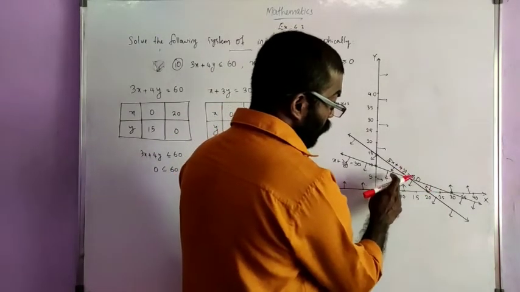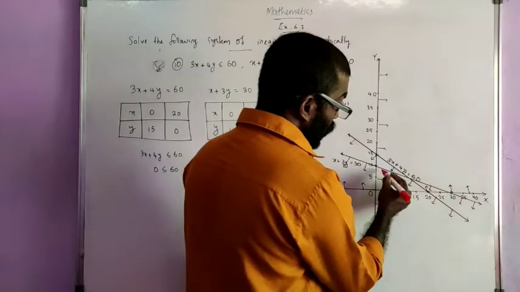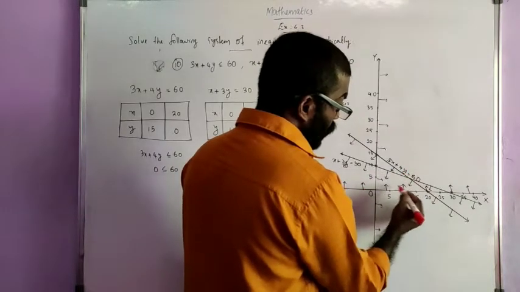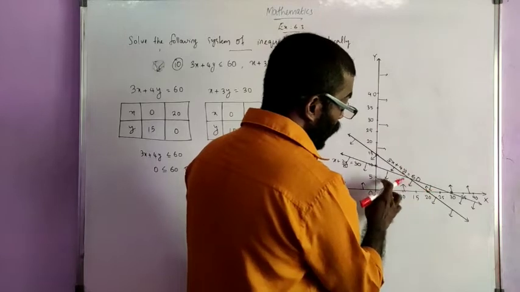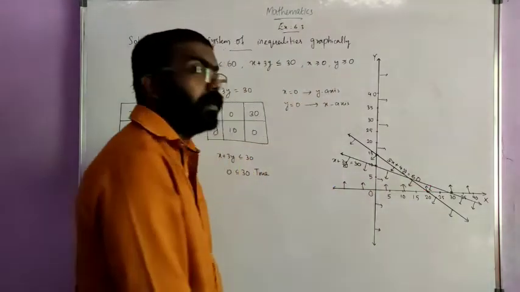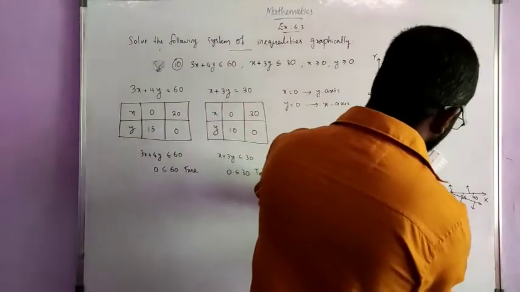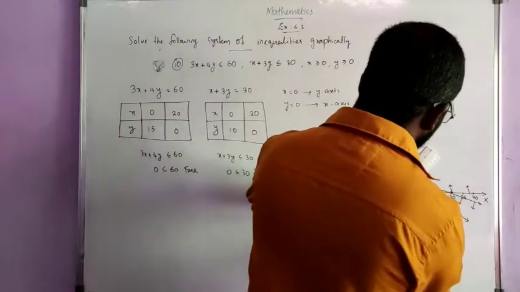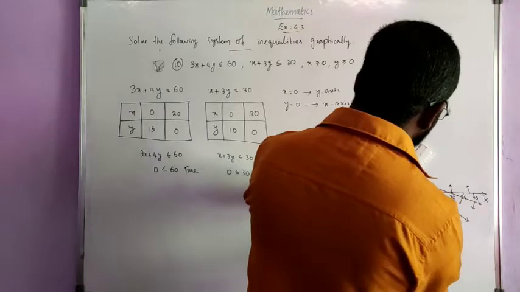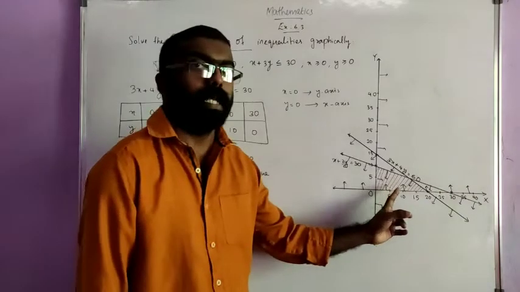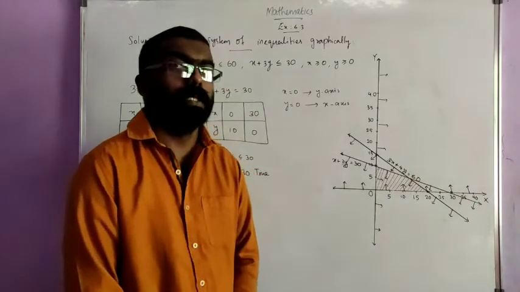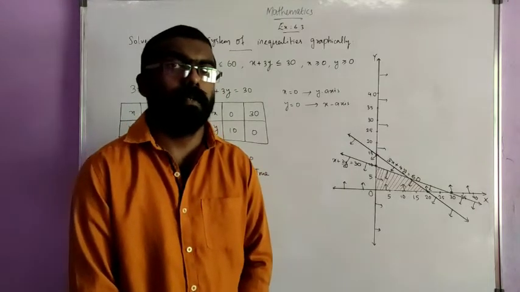The common portion for these two lower parts is this much portion only. Okay. This quadrilateral-like region. So that portion we can shade. So this shaded region is the solution region. Understood?